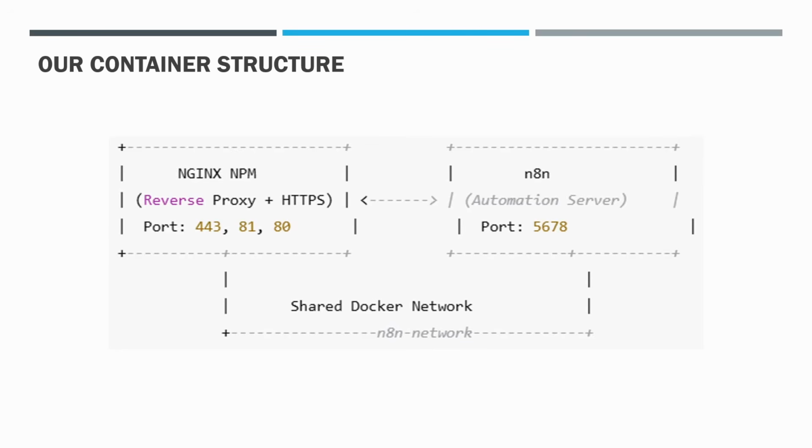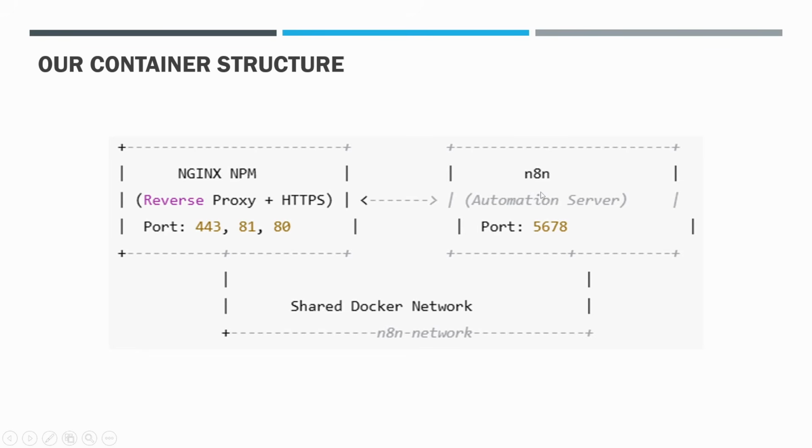So this will be our container structure. We'll have a shared Docker network. First we'll create a network, and then we will have two separate directories. One we'll have for NGINX npm, and second we'll have for N8N. And then we will create containers for these two directories and bring our Docker containers up, right?